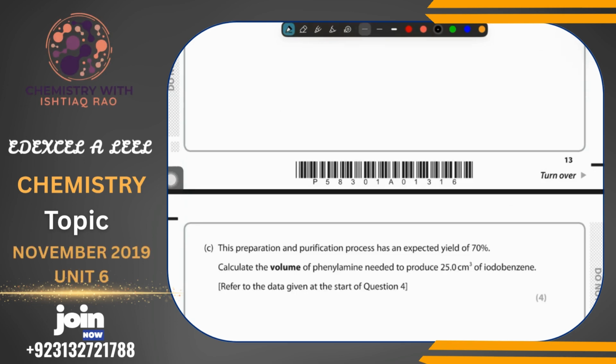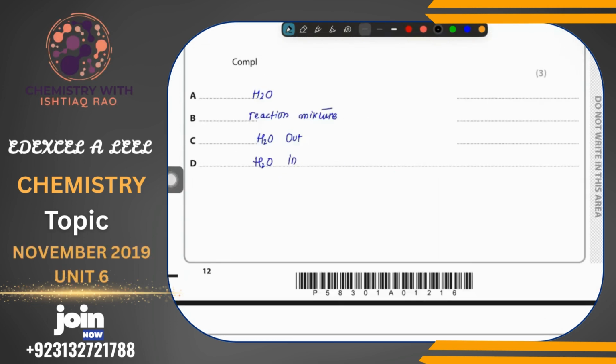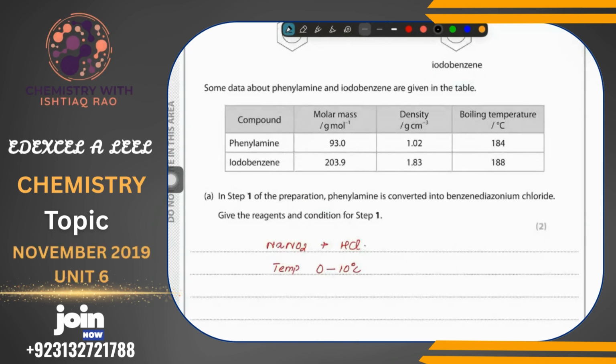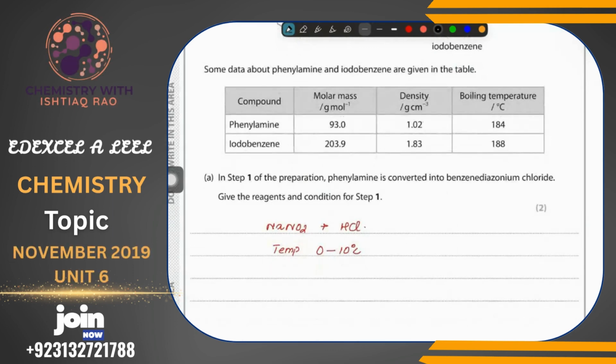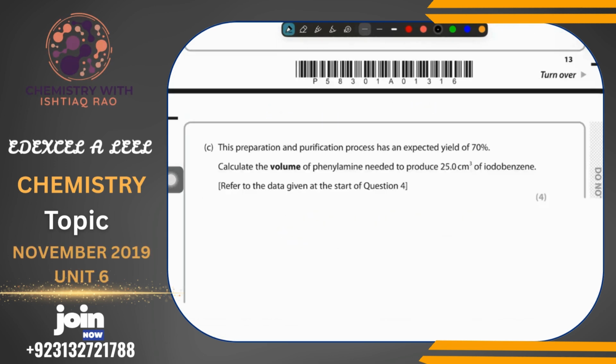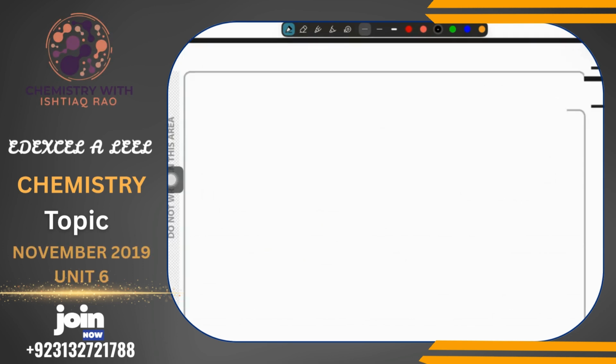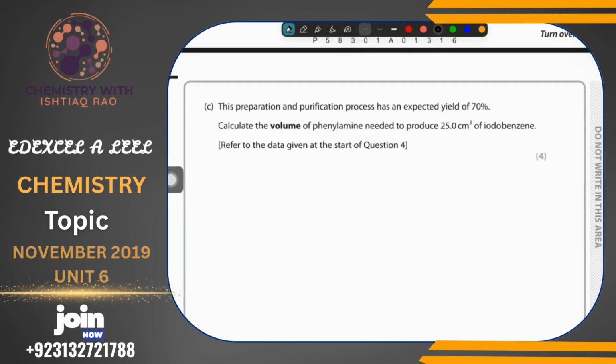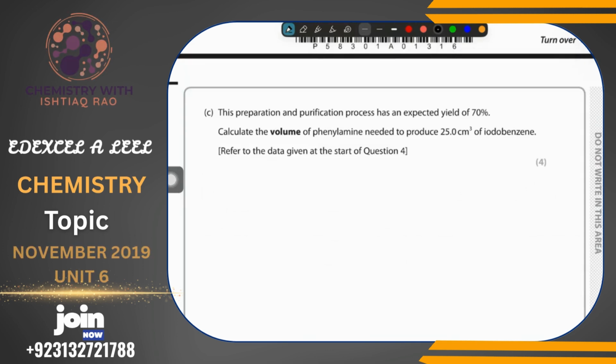So density of iodobenzene is 1.83 and the volume is given to you. So 1.83 times 25.